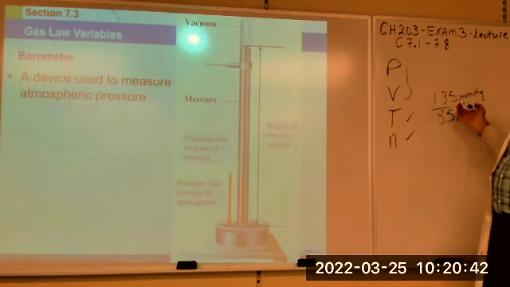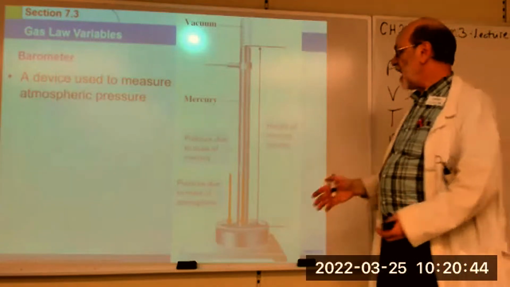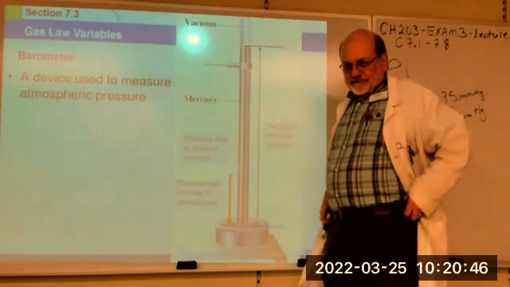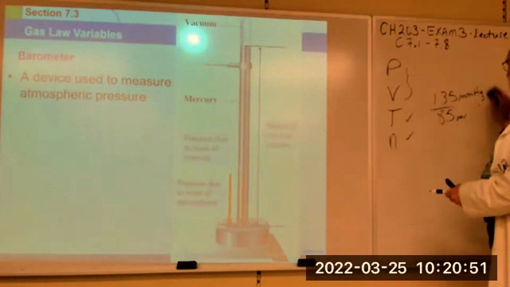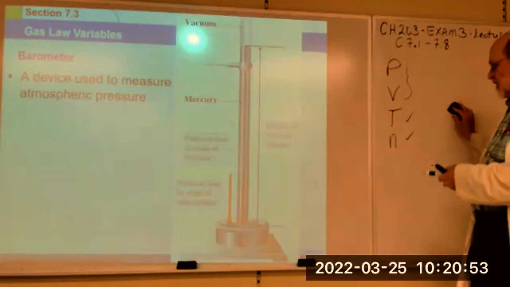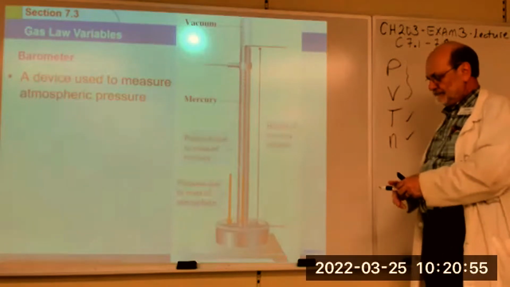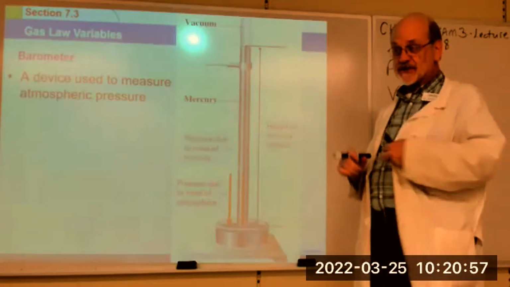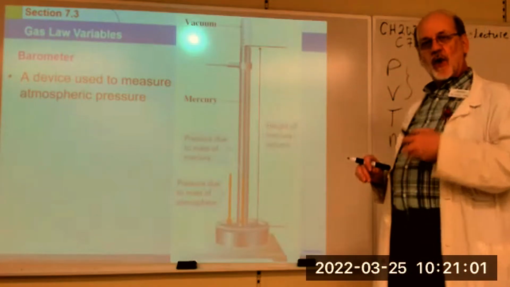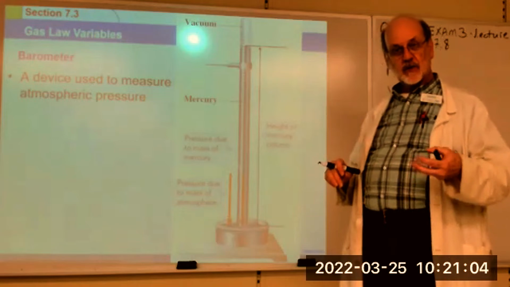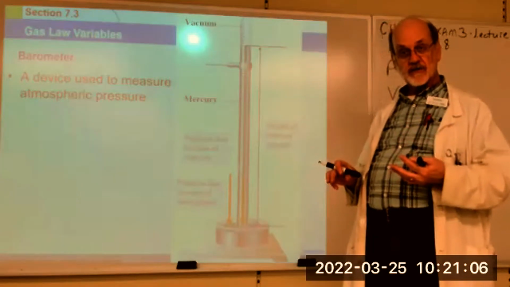That's your blood pressure. It's a modification of this device. Okay. But of course, that's not measuring air pressure, that's measuring blood pressure. And we don't have time to discuss that in any detail right now, so I'm going to move on. So that's one way to measure air pressure or gas pressure: millimeters of mercury.